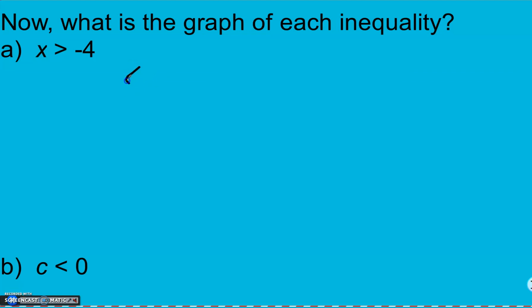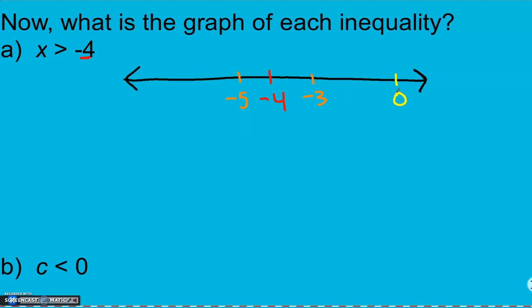We want the graph of the inequality. So I'm going to start off with a line for my number line. I'm going to put my boundary point on it. I want the next number bigger, -3. The next number smaller, -5. I also want to make sure that I have 0 on there, which is over here somewhere. It's not necessarily to scale.